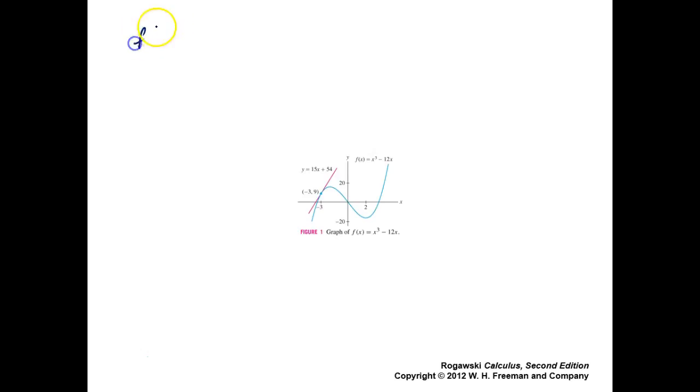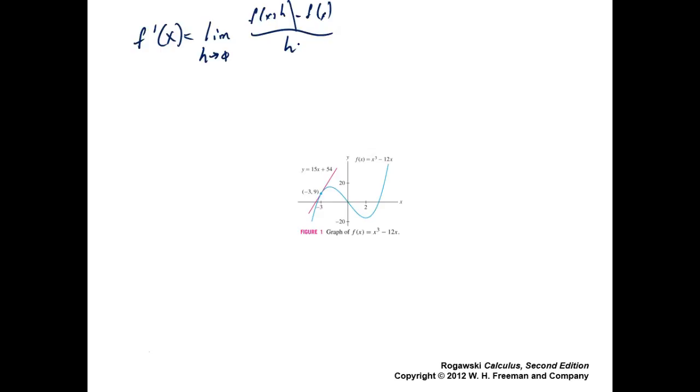Now, what's the definition of f prime of x? Just had it on the board a little bit ago. What was it? The limit as h approaches 0 of f of x plus h minus f of x over h.